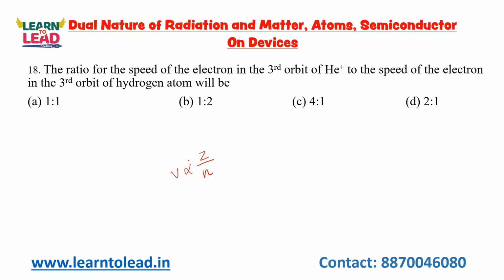Now, speed of helium divided by speed of hydrogen. What is helium's Z value? 2, and then third orbit n. What is hydrogen's Z value? 1, and this is also third orbit, 3. So the speed ratio is 2:1. Note down this formula. Speed is directly proportional to Z by n.